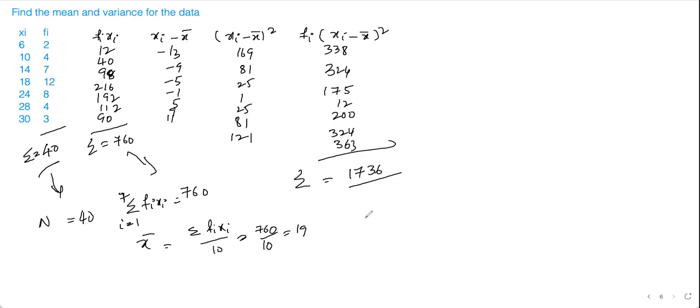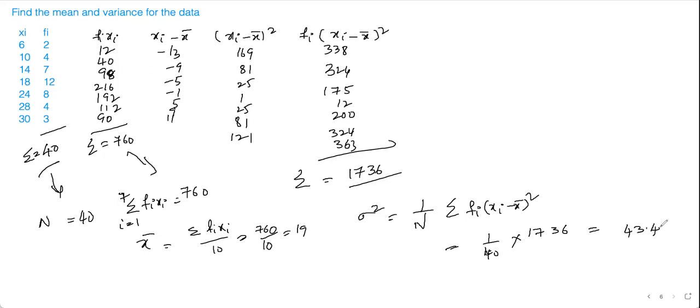And the variance is 1 by n summation fi into xi minus x bar whole square. So that is 1 by 40 multiplied into 1736, which results to 43.4.